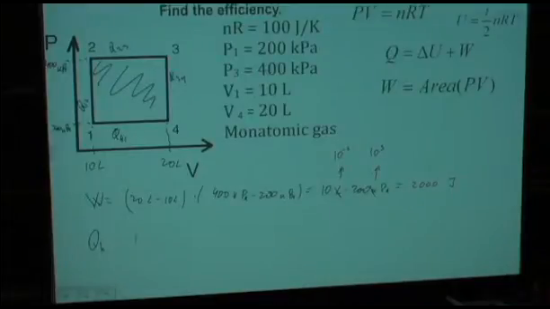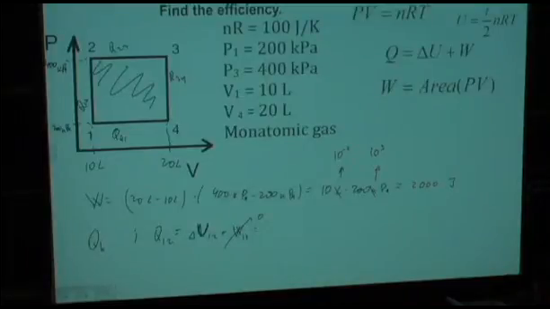So Q12 equals, well, delta U12 plus work 12. There is no work done for this particular process because the volume doesn't change. Work is 0.